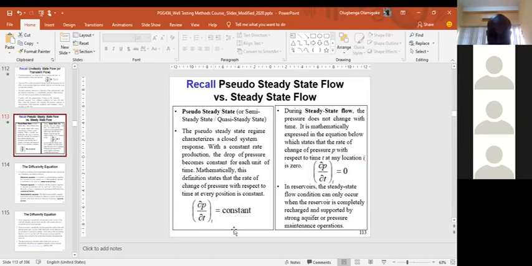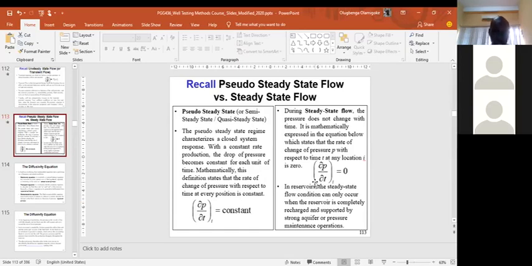Now, on a Cartesian plot, if you have no slope, you're having a flat profile. Note that on a Cartesian plot, that is steady state flow because there's no change of pressure with time.